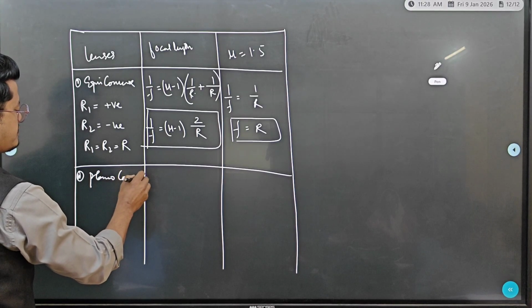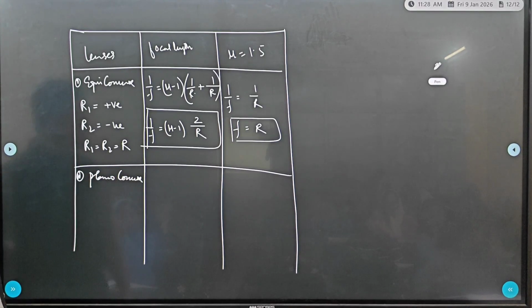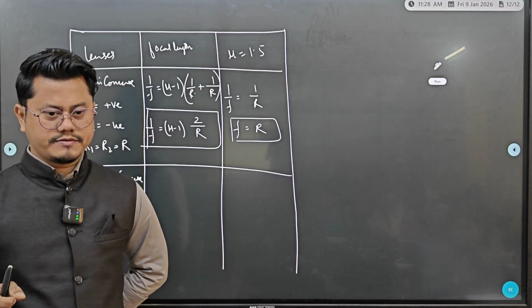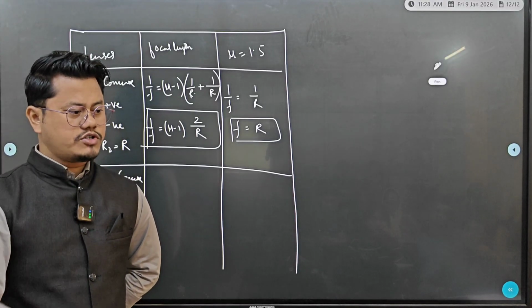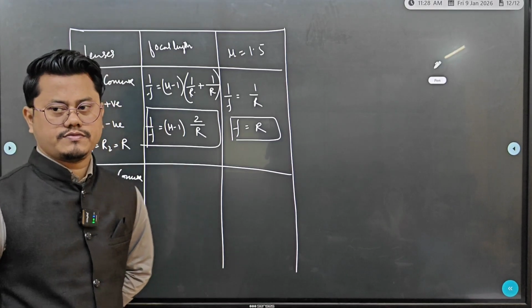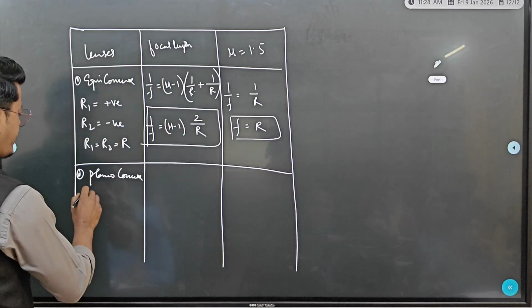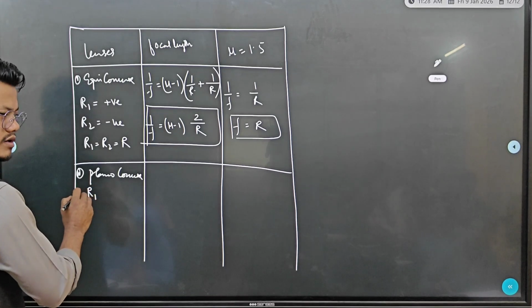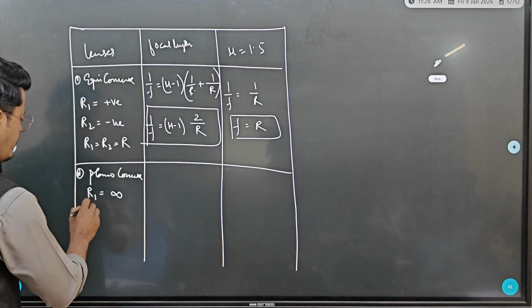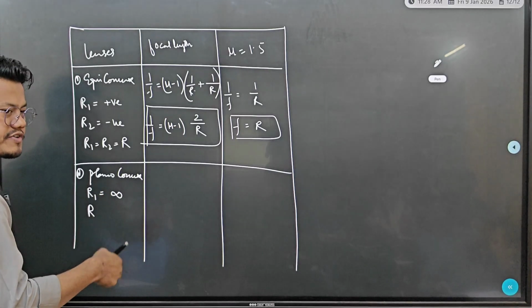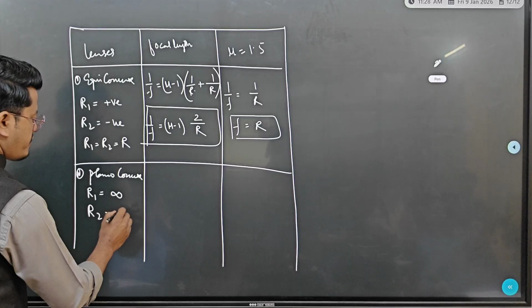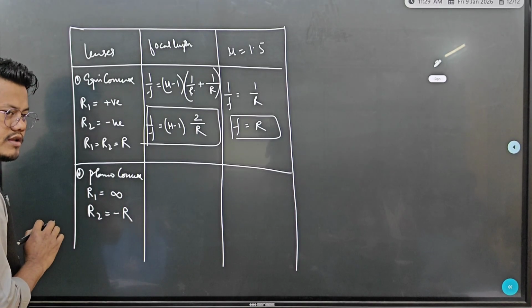Plano convex. What is plano convex? One side is plane, and I told you those sides which have a plane surface need to have the focal length infinite, or not? Okay, for plano convex, R1 needs to be infinite. If focal length is infinite, then 100% the radius of curvature also needs to be infinite, right? R2 will be minus of R. Are you getting it?